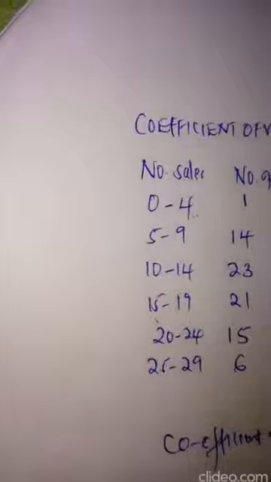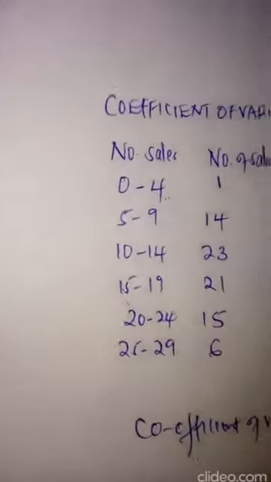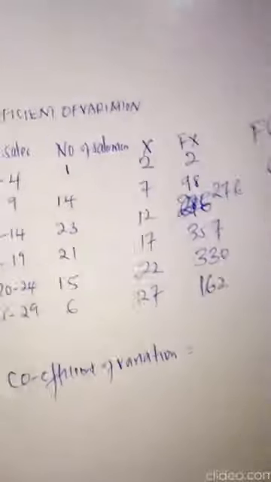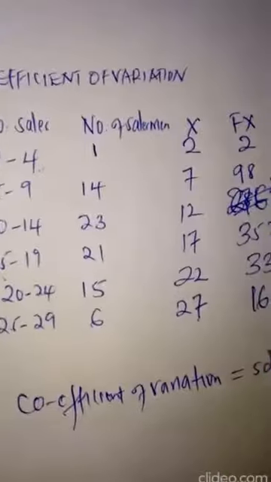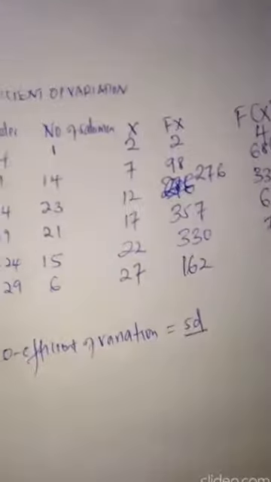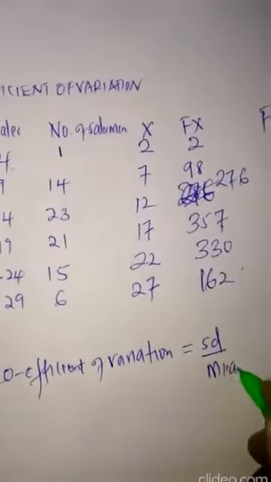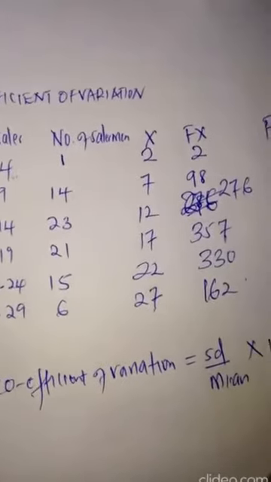Now the coefficient of variation is given by the standard deviation, SD, divided by the mean, then multiplied by 100%. So how do you get the standard deviation?